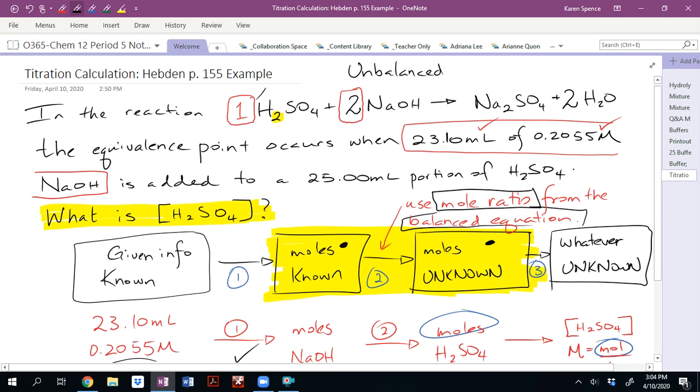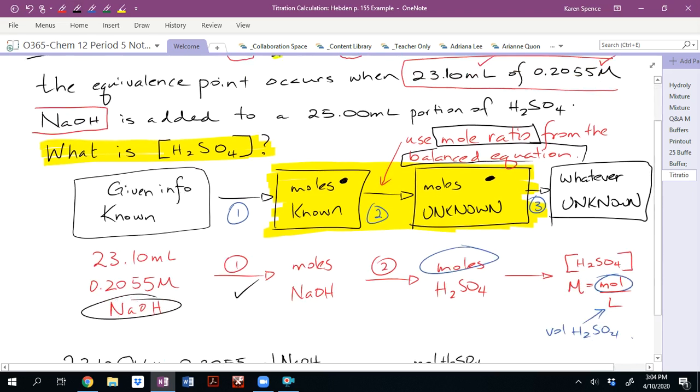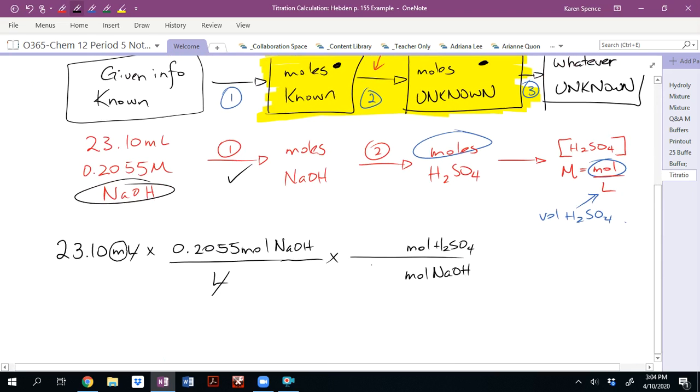It is a 2:1 ratio. We use 2 NaOHs to react with every 1 H2SO4. So there are 2 moles of NaOH that react with every 1 mole of H2SO4. Okay, that cancels that.